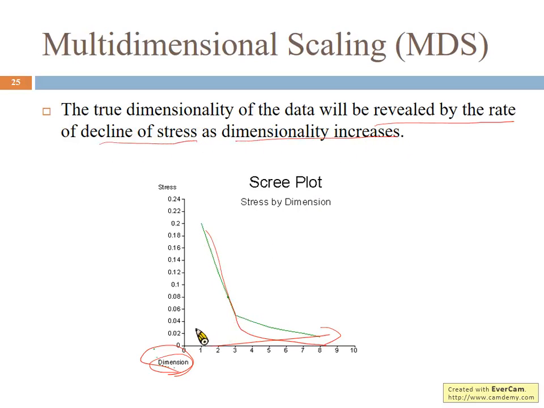So in this case, we may choose to use three dimensions for the low dimensional representation, because the stress value decreases a lot when we use three-dimensional space. If we increase the number of dimensions further, the stress value will also decrease, but the degree of decrease gets smaller, more slowly.